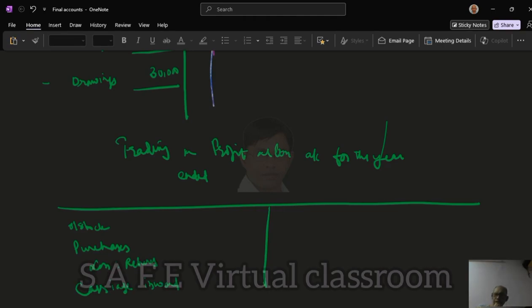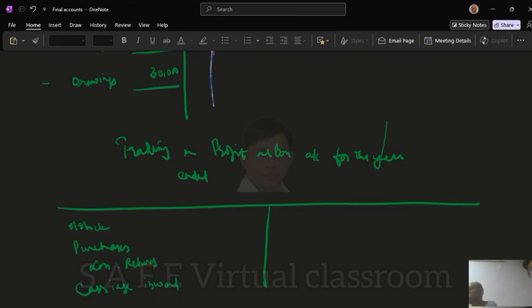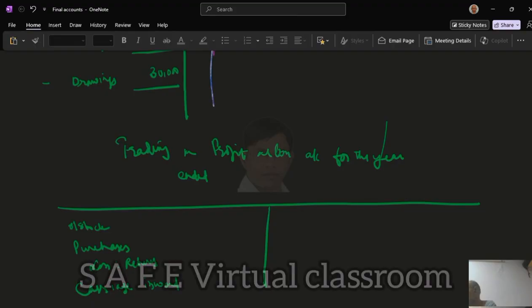Don't write anything else. Only for the trial balance, balance sheet and profit and loss account you have to write for the year. Otherwise, whatever question they have written, the same thing you write and just write the answer. That's all.